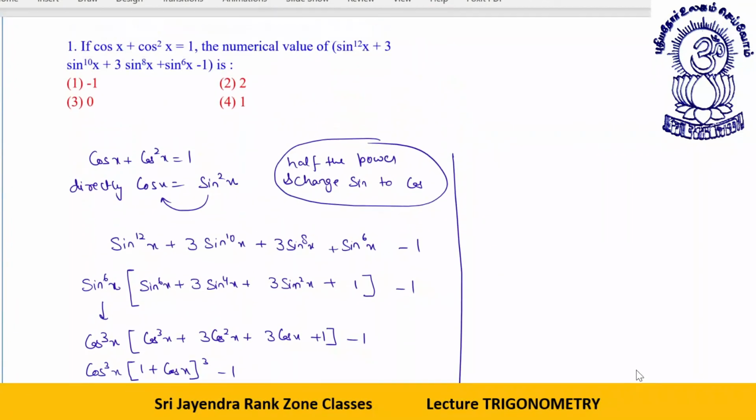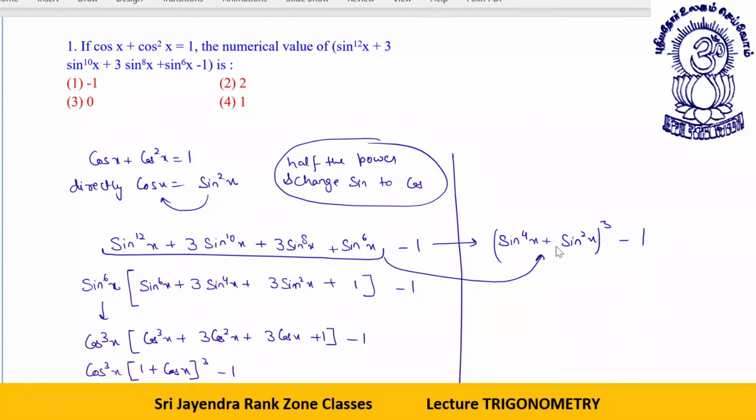Shortcut, or you can say another approach. This is actually written as sine raised to the power 4x plus sine square x, whole cube, minus 1. This portion is nothing but sine 4x plus sine square x whole cube, minus 1.